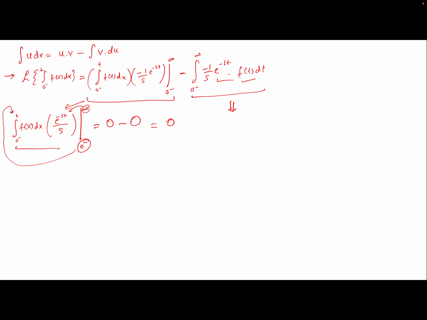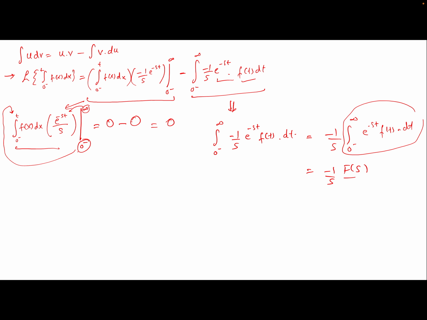The second part is integral from 0⁻ to infinity of minus 1 over s e raised to power minus st f of t dt. Once I do that, I can see that 1 over s should come out, leaving integral from 0⁻ to infinity of e raised to power minus st f of t dt, minus 1 over s times f of s. So this entire thing is just F of s.